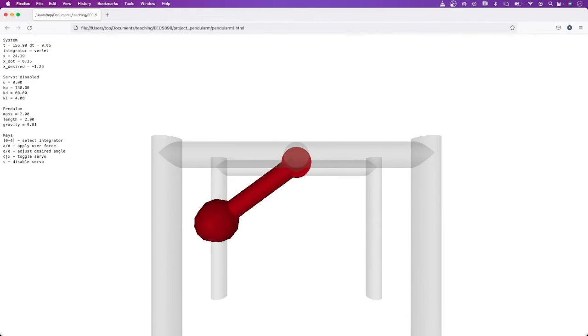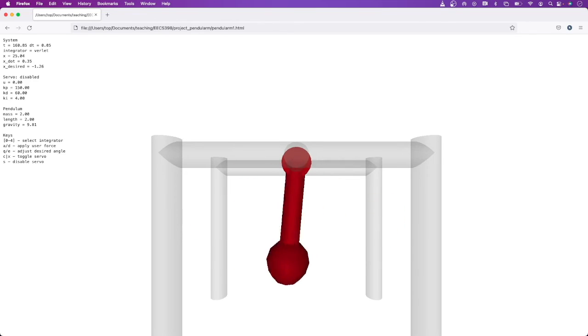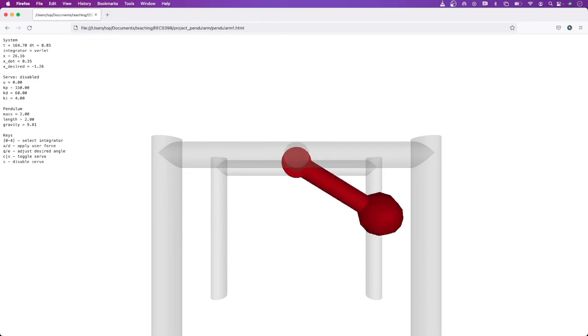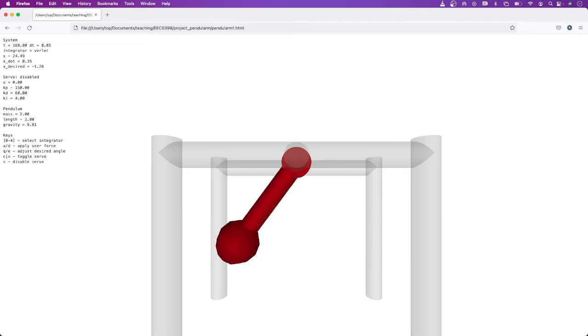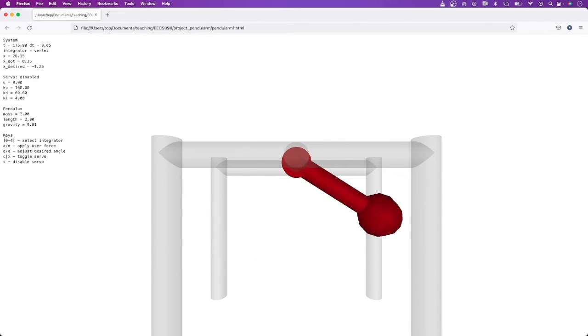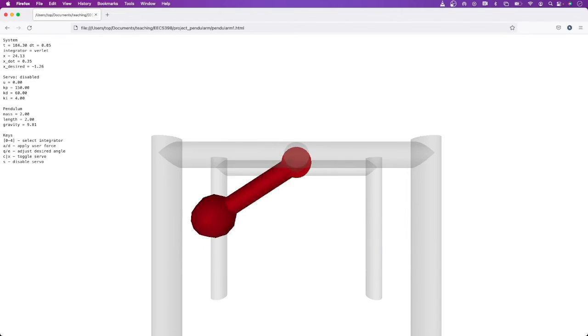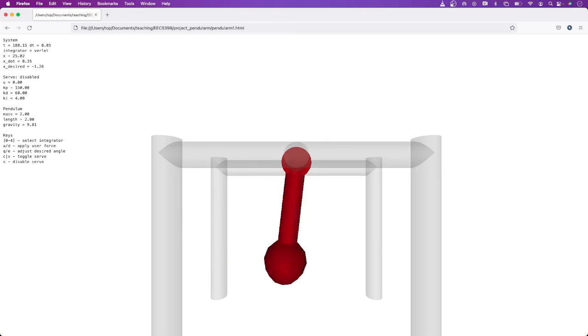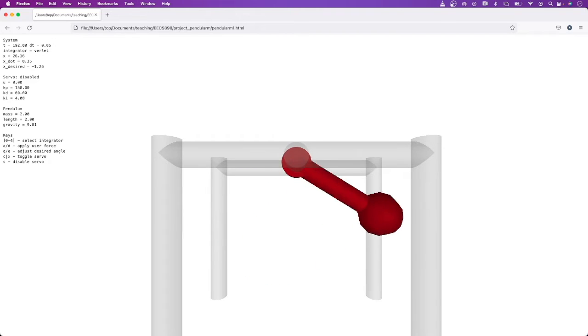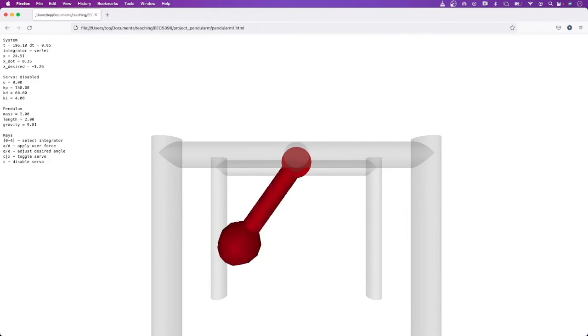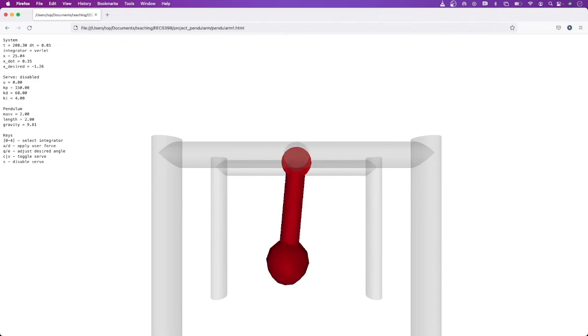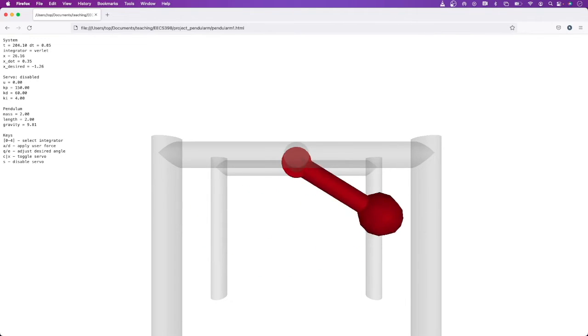So the idea is that the pendulum has some amount of potential energy when it reaches its highest point within the swing, and then as the pendulum swings down towards the lowest point, that potential energy gets converted into kinetic energy, and then as the pendulum swings towards the other highest point within its configuration, that kinetic energy gets converted back into potential energy.